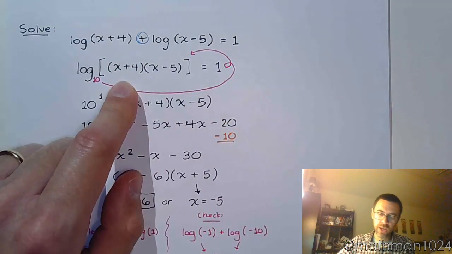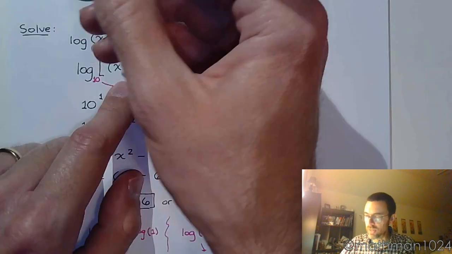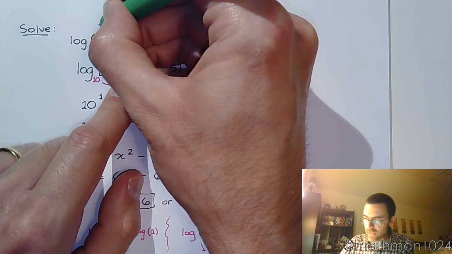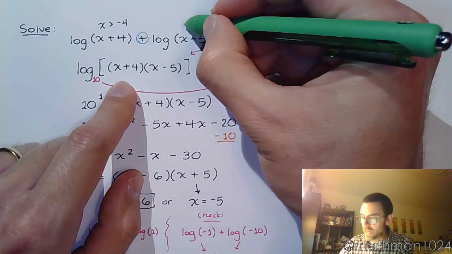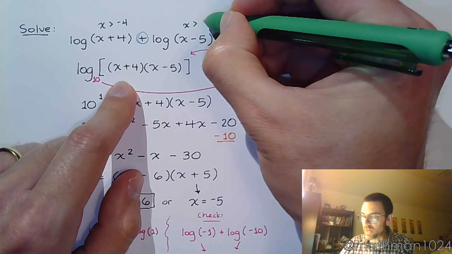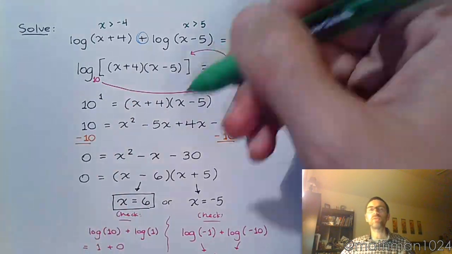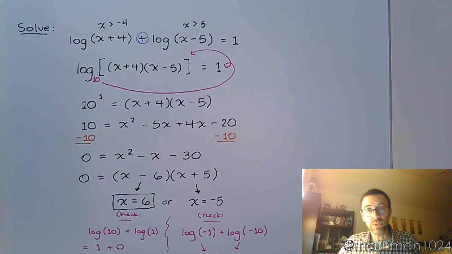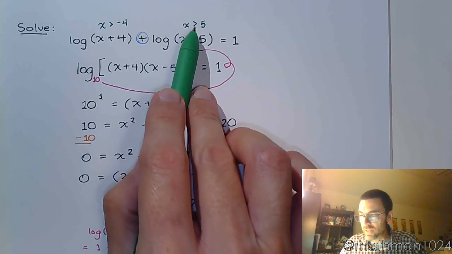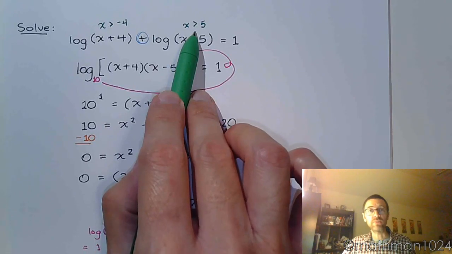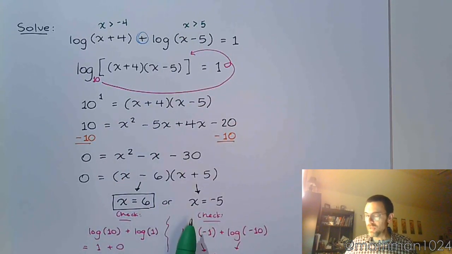But this piece right here already has certain restrictions. For x, x has to be greater than negative 4 so that we don't have issues. And over here, x has to be greater than positive 5. So that means any value of x that I try to plug in as a solution has to satisfy both of these, which means it's got to be greater than 5 because that's the more restrictive of the two, which meant that x equals negative 5 was never going to work.